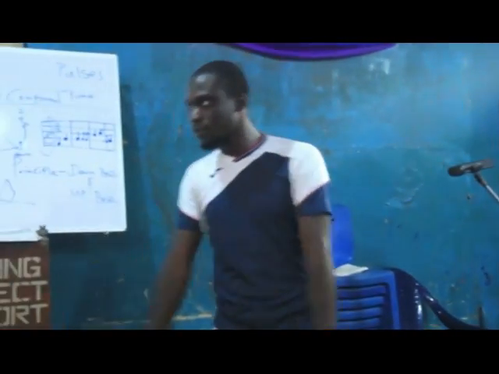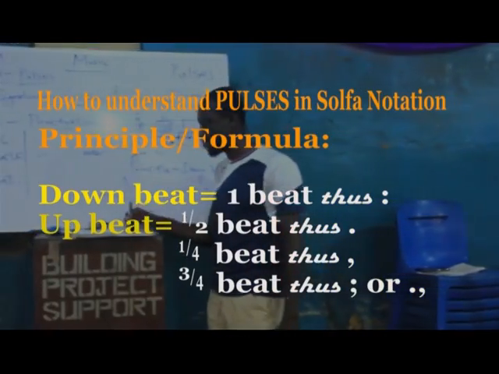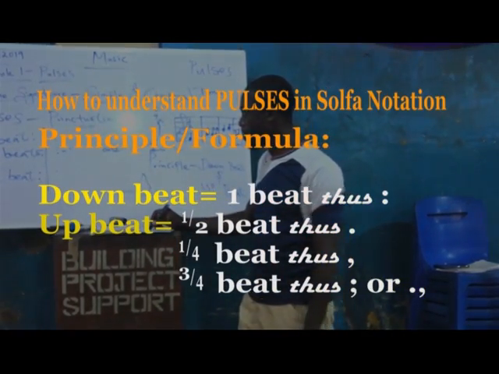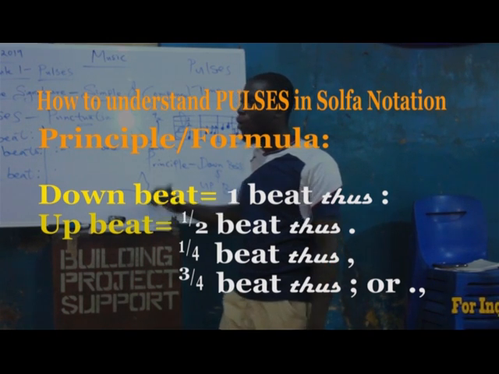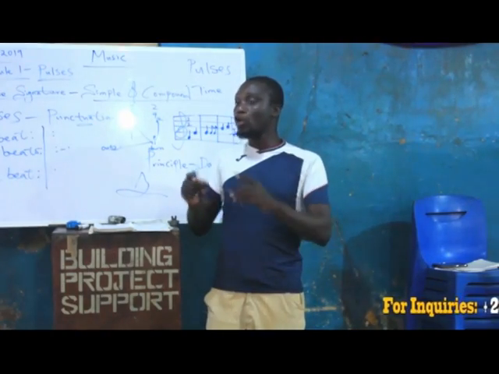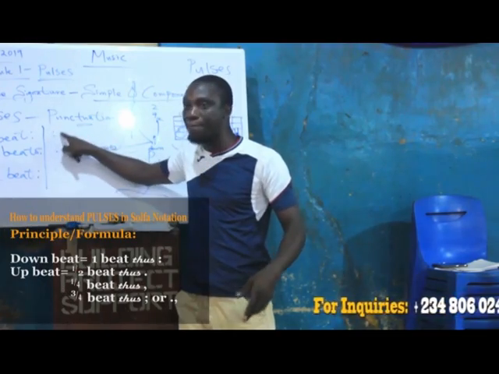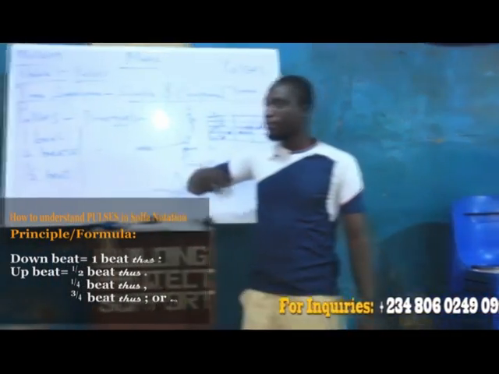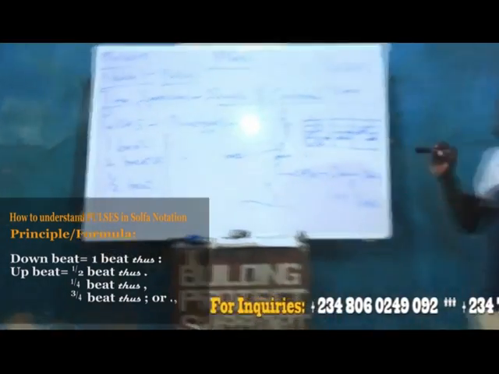Dealing with clauses, one bit. You can also remind yourself when you are reading, always put this when you are referring to one bit. You understand? One bit is also known as down beats.